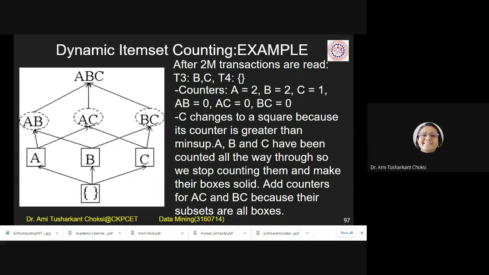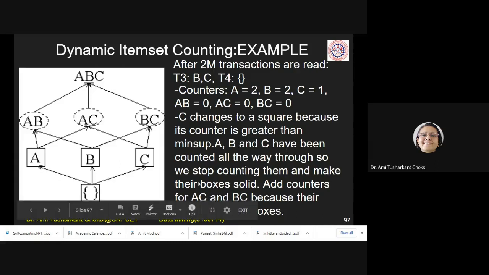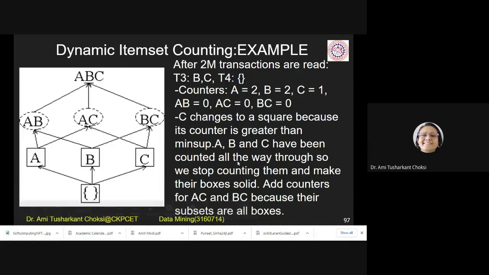In M, first of all, we read the first two transactions because M is equal to 2. Then again we read two transactions, and now after having the first pass of all the transactions, all the items are counted for single item sets, or you can say one item set. Fine. So we are saying that A, B, C have been counted all the way through.